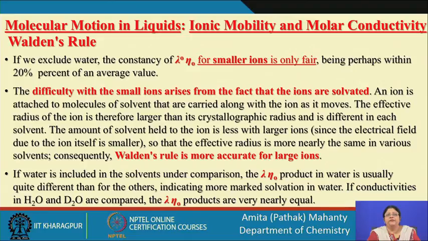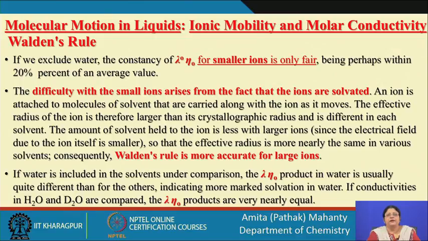Okay. So, the effective radius of the ions will be much larger than the expected crystallographic radius which we have reported in the books, because now we are dealing with the solvated molecule, where the ion has a sphere around it, in which you have the molecules of solvent associated with the anion or cation which is moving.